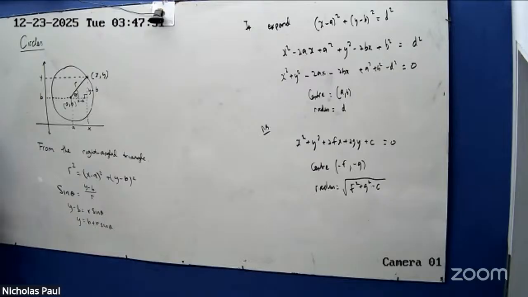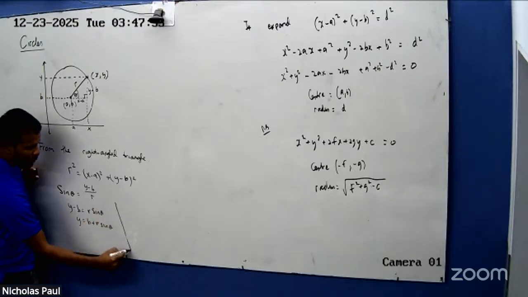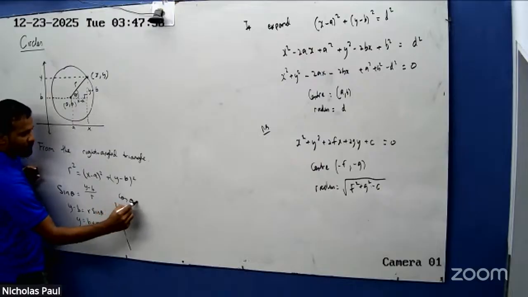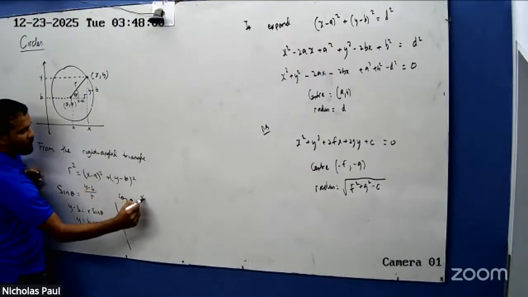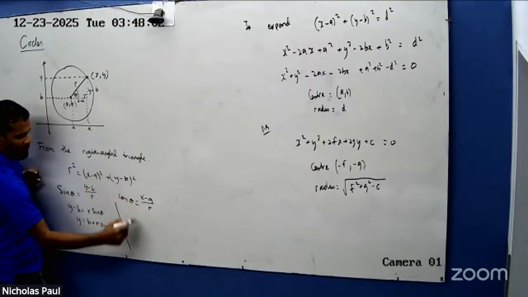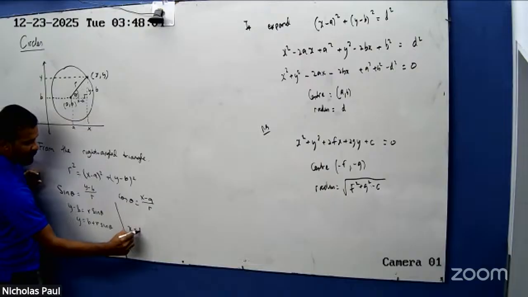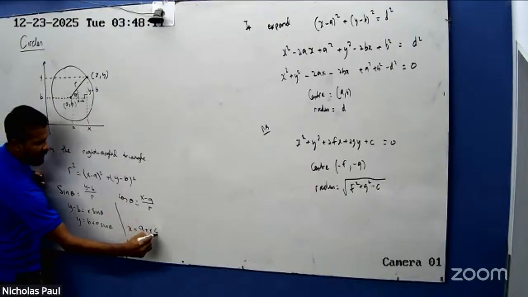Okay with that? Now, what is cos theta? Cos theta is adjacent over hypotenuse, x minus a over r. Do the same thing, and x is equal to a plus r cos theta.